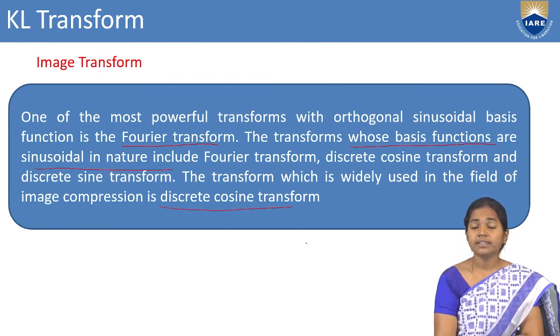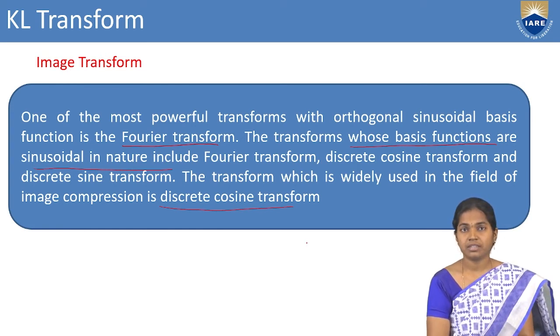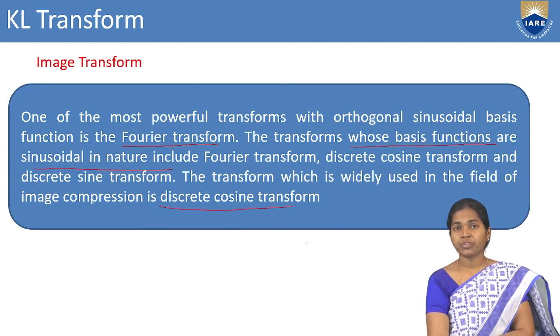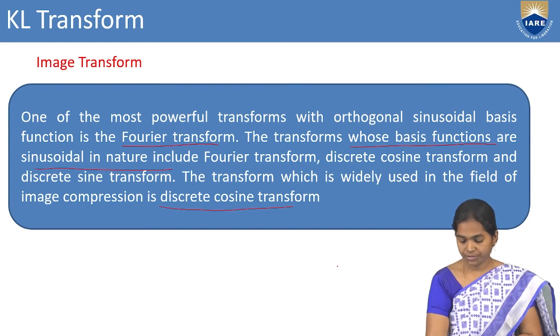With the discrete cosine transform, we can compress audio and video signals. This transform is basically used in image processing for image compression, and it is used for HD and communication purposes.